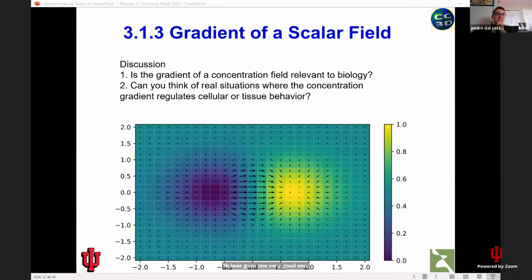Potential is not a gradient of something. So in the case of Lucas, the electric field, which is the gradient of the potential, this would be a relevant gradient field for biology. Okay, Lucas?